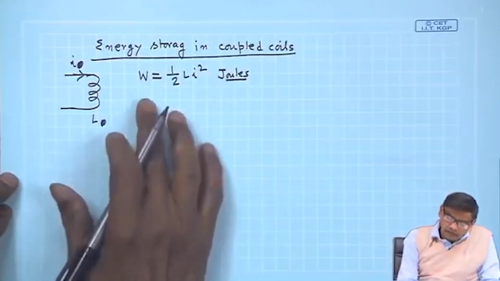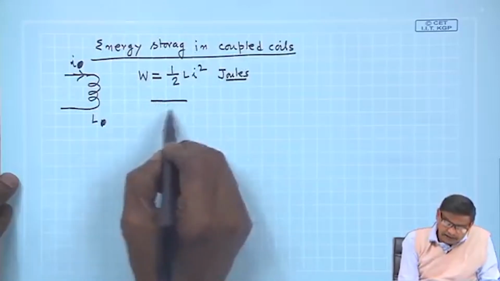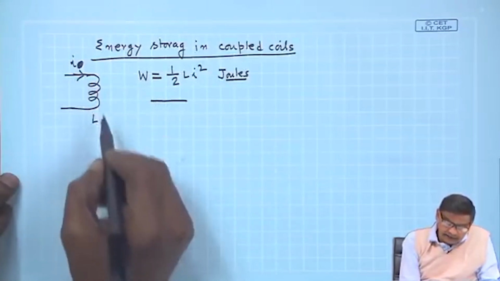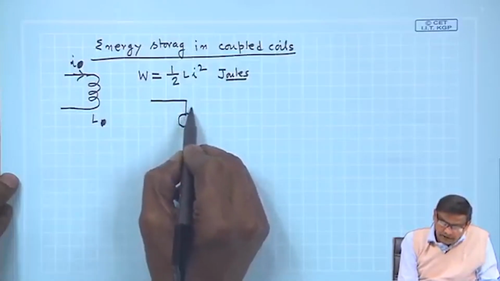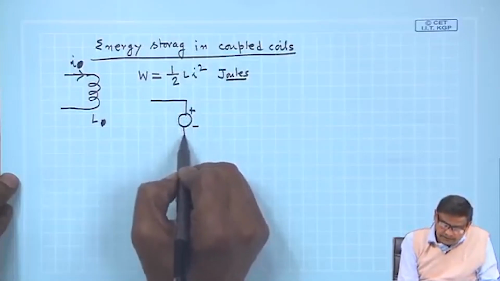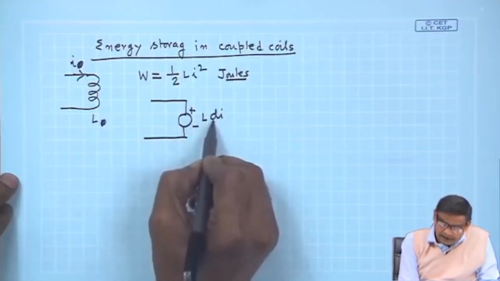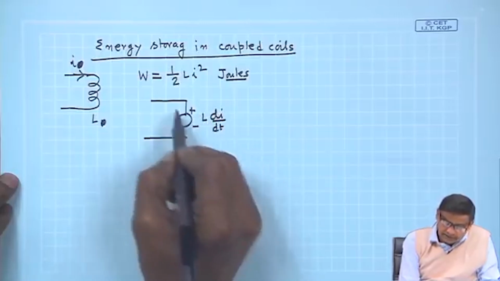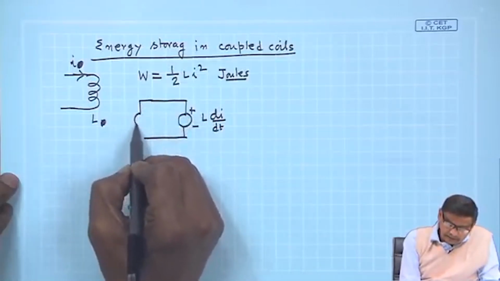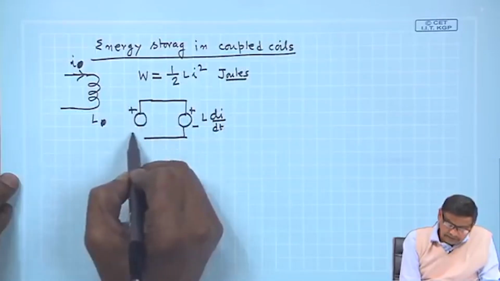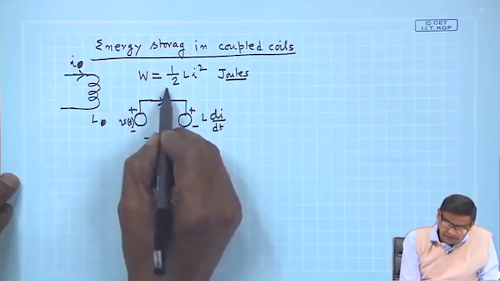So, how do you get it? Very simply, it is like this. Since this is L, this is I. As I told you, it is better to represent this as a voltage drop. L dI/dt is the voltage, and here is your supply voltage, which causes this current to flow.